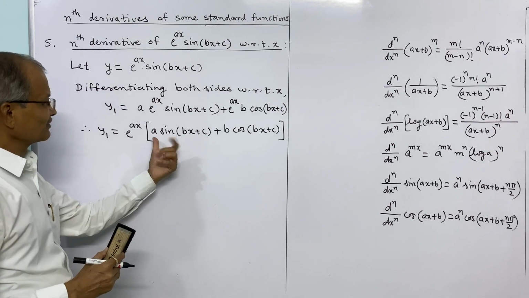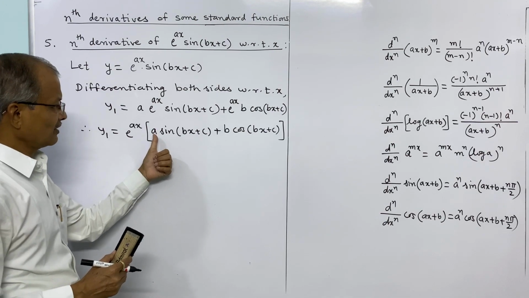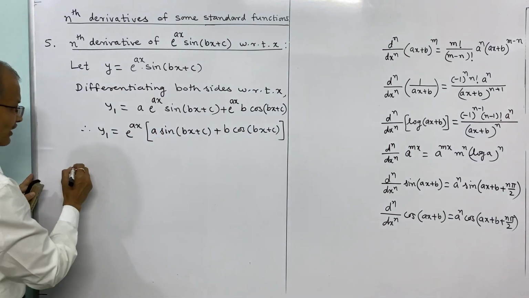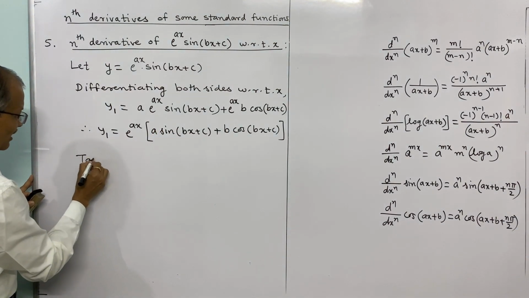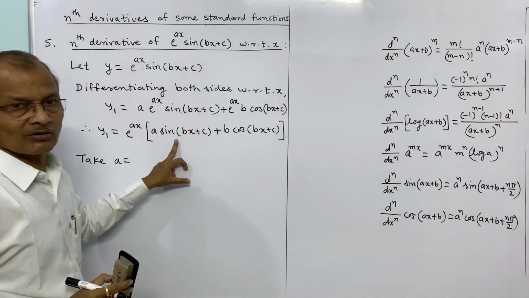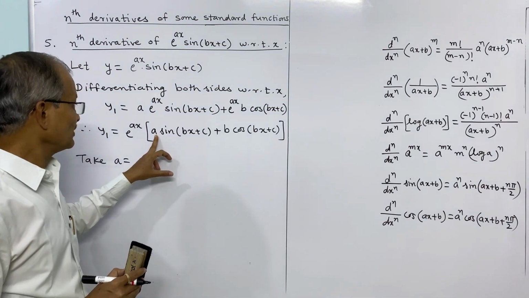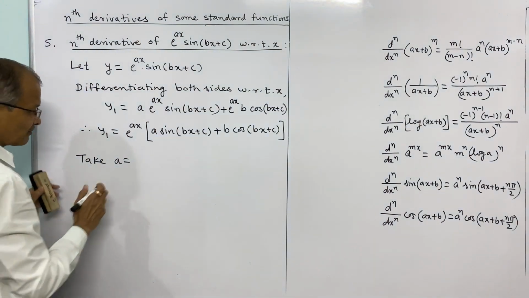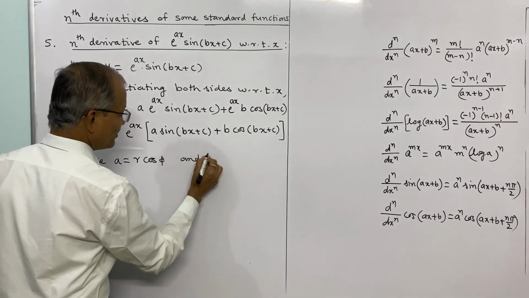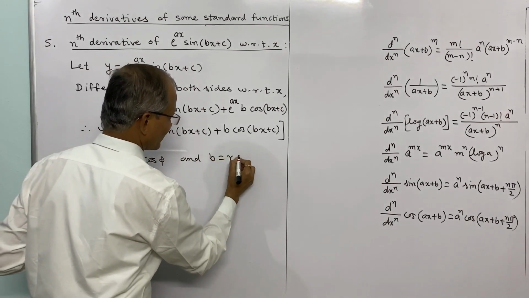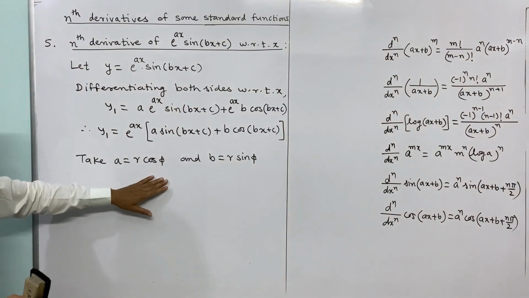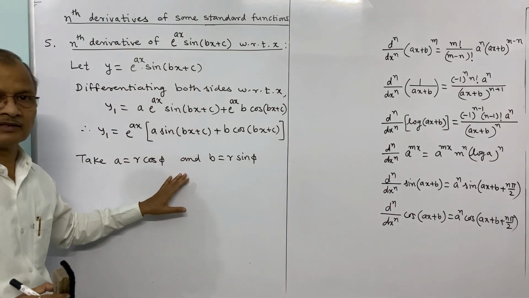For that purpose we take a and b as particular values. Since we have sine (bx plus c), we want the formula, and therefore we shall consider a as r cos phi and b as r sin phi. Now we will come to know why we have selected these values.